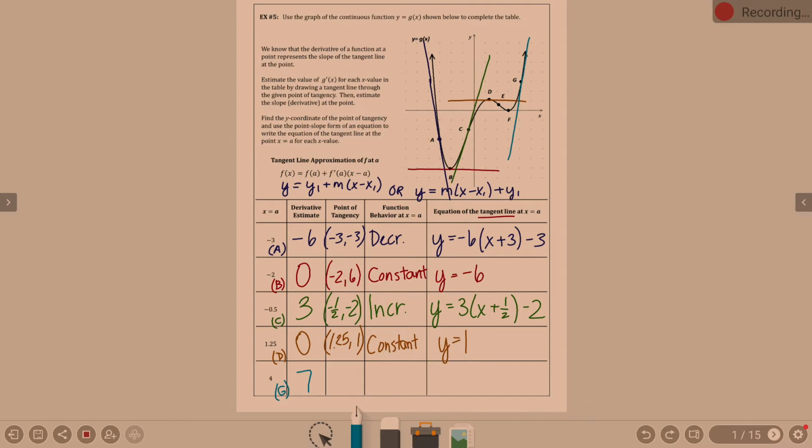G is at, what, 4.3? This is increasing. And y equals, I use 7 times (x minus 4) plus 3. That's what you need there. And let's move on.